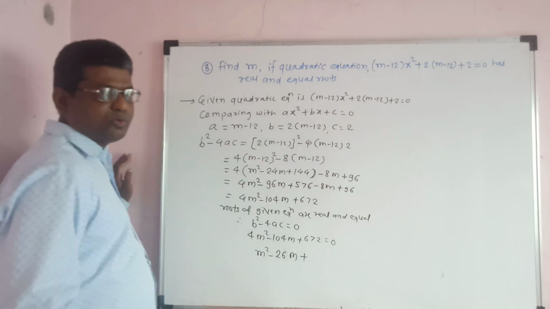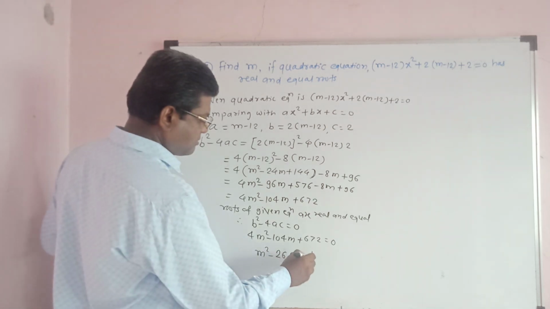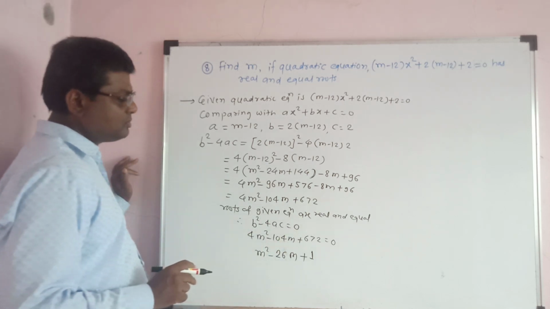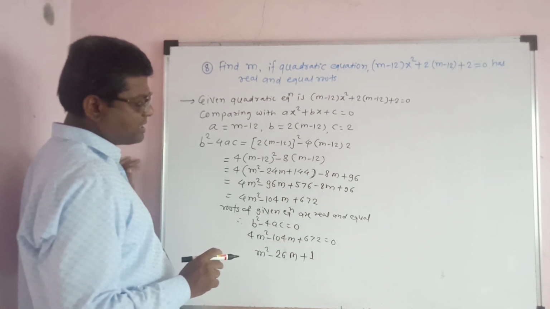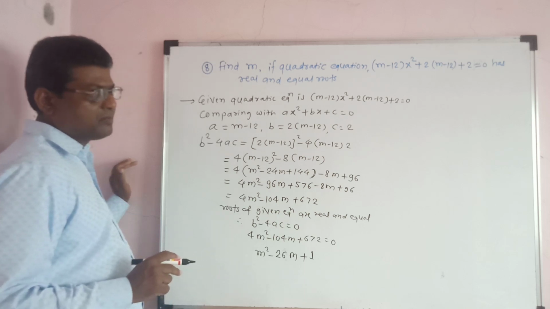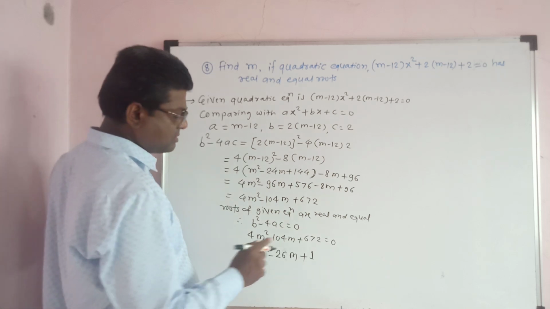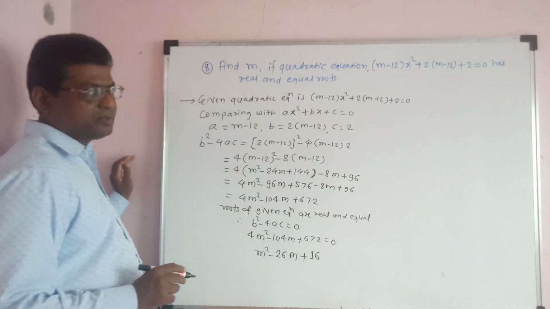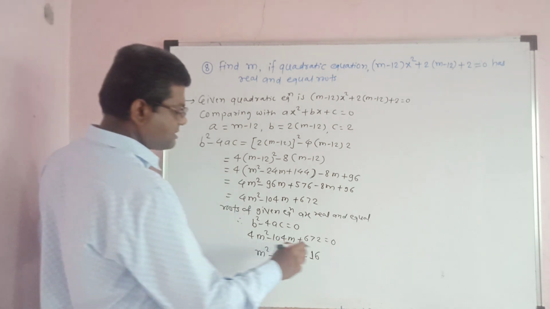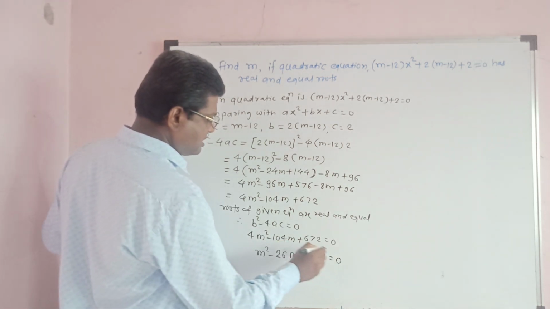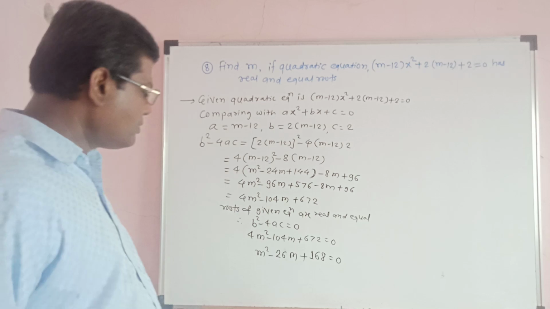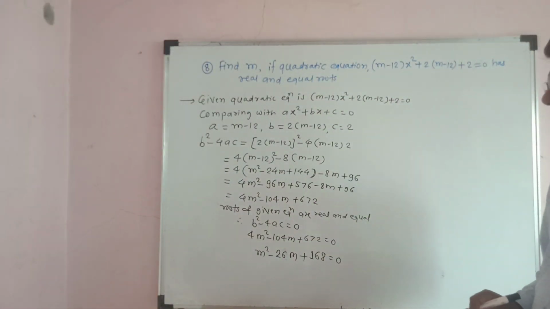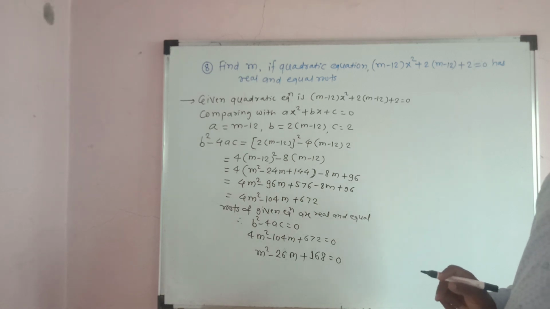Divide 672 by 4: it comes to 168. Now we got the equation m² − 26m + 168 = 0.